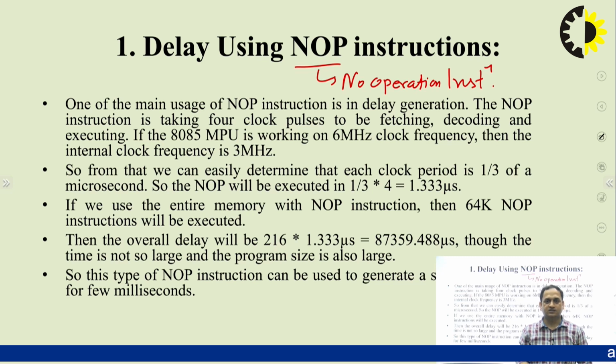When it requires T states, it means it requires clocks, and if it requires clocks, it requires a time period. So this NOP instruction can be used to provide the delay in the program. The main usage of the NOP instruction is delay generation, and the NOP instruction takes 4 clock pulses.